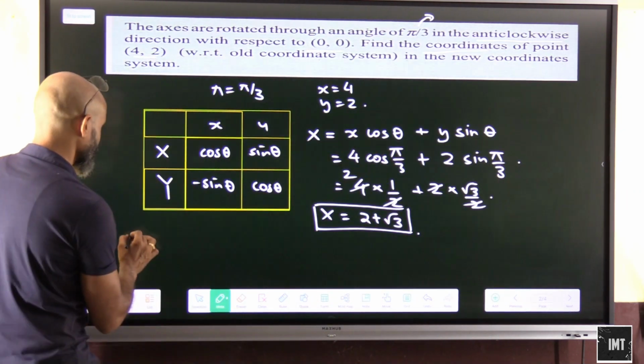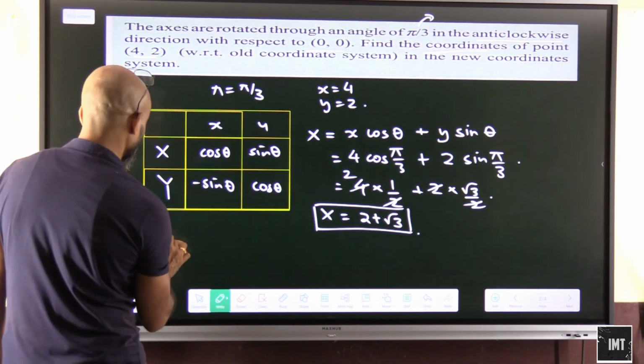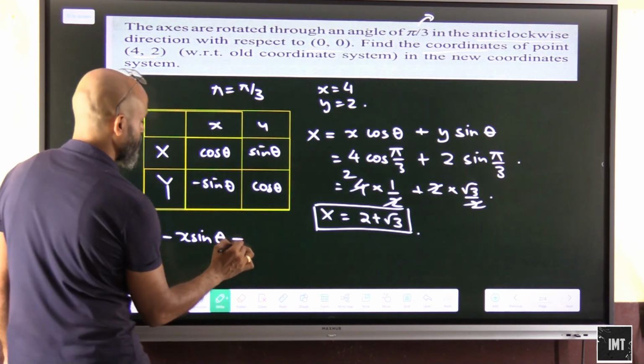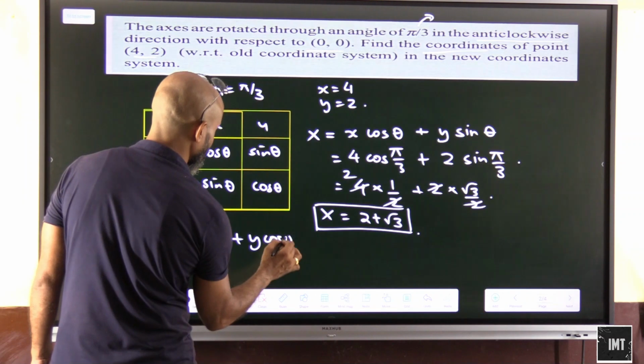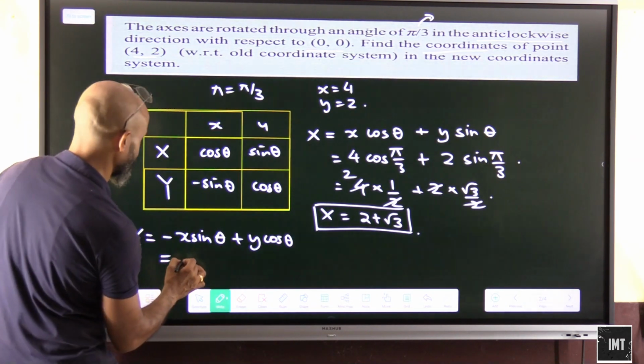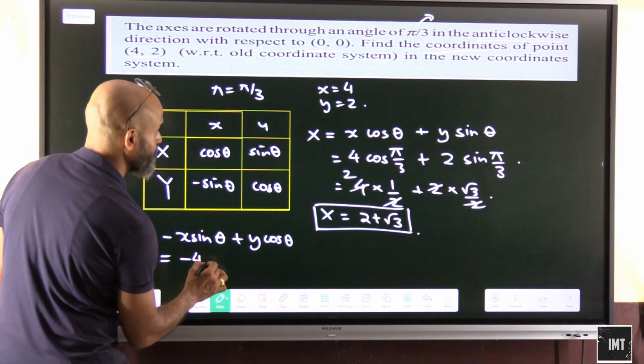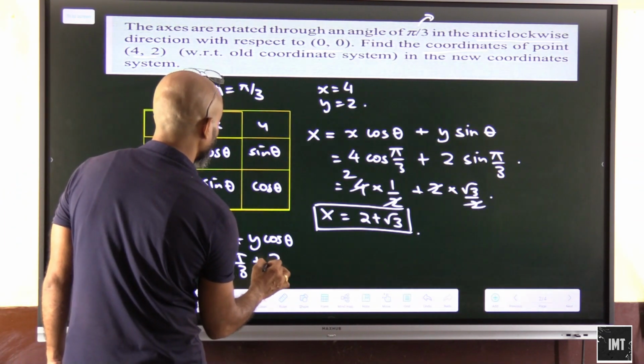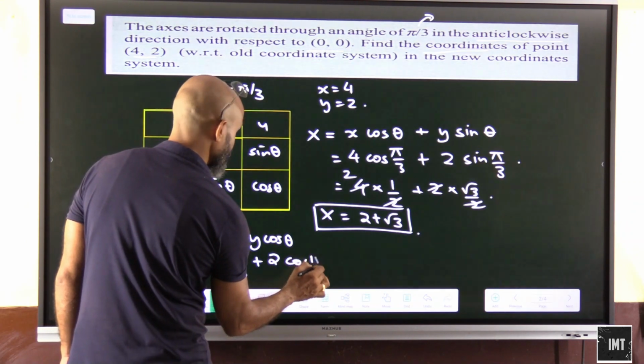In the same way, we have capital Y is equal to minus x sin theta plus y cos theta. So it will be minus 4 sin pi by 3 plus 2 cos pi by 3.